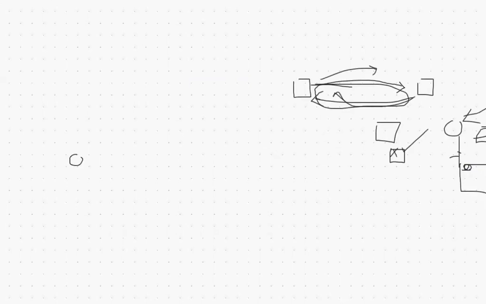Let me take a step back. I want to make it very clear. So let's say there is a user here and he wants to go to facebook.com, and I want to go to facebook.com on, let's say, port 80.